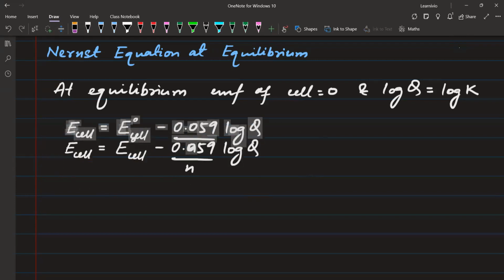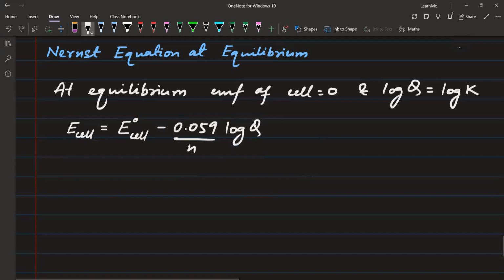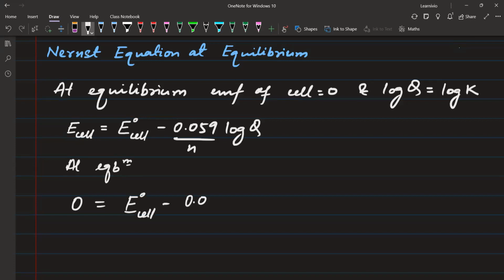We'll write at equilibrium. E cell will be equal to 0. E naught cell will be a constant. E naught cell is a constant, okay? Because we have done this experiment at standard conditions. Minus 0.059 divided by n, log Q will become log K.